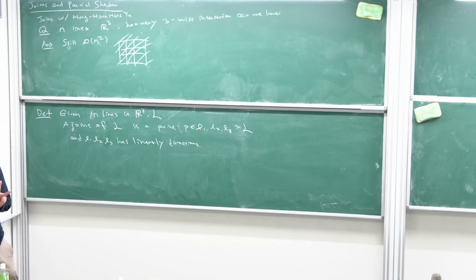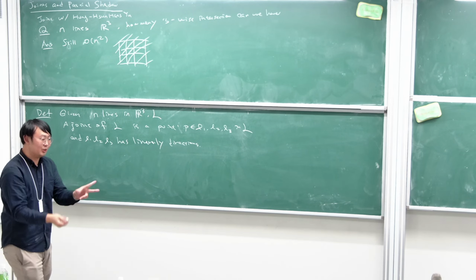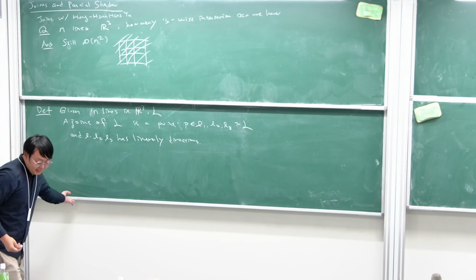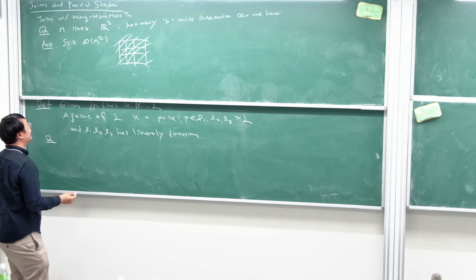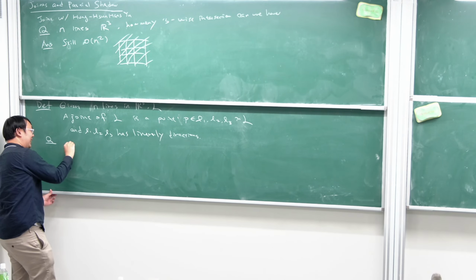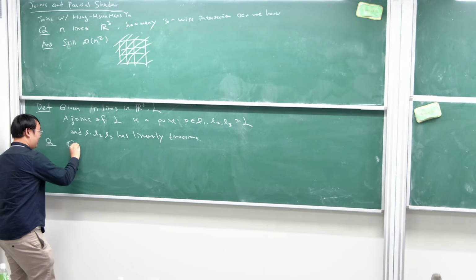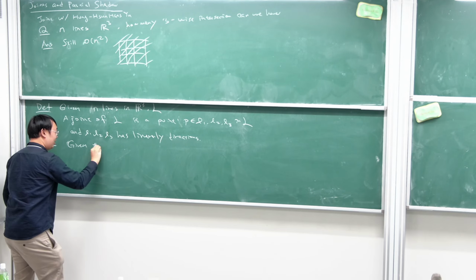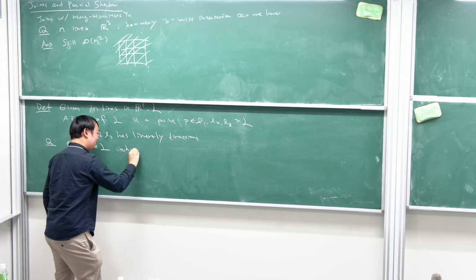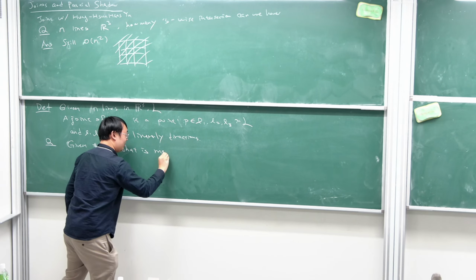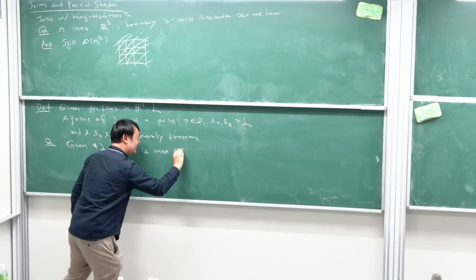I want their directions to span the whole space. So the natural question is to ask, again, if we are given the size of L, what is the maximum number of joints?